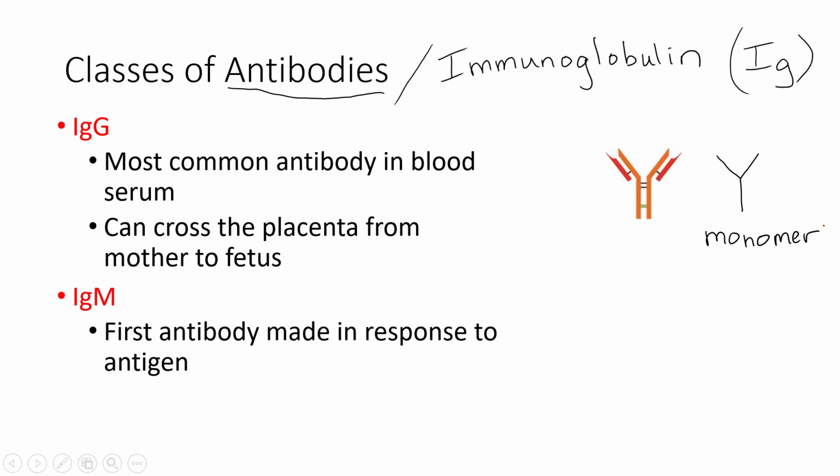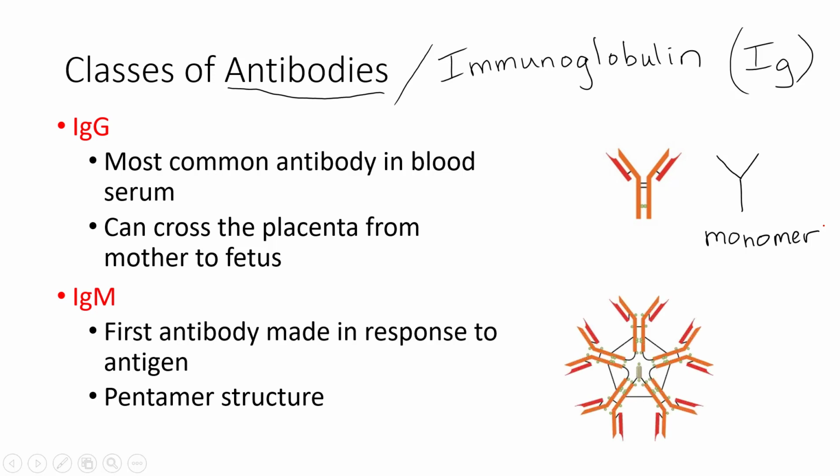IgM is actually the largest antibody and the first antibody made in response to antigen. It has a pentamer structure, and that word pentamer, pent means 5, so that means you actually have 5 of the Y, each capital Y, in this pentamer structure. So here's a question. If we have 5 antibodies that make up one molecule of IgM, how many antigen binding sites does IgM have?